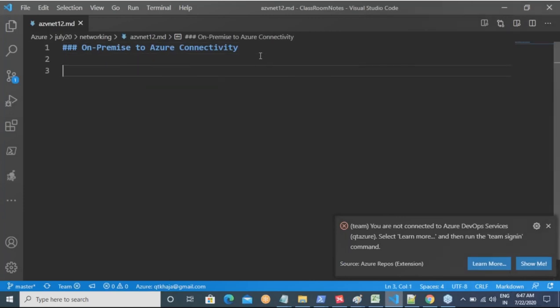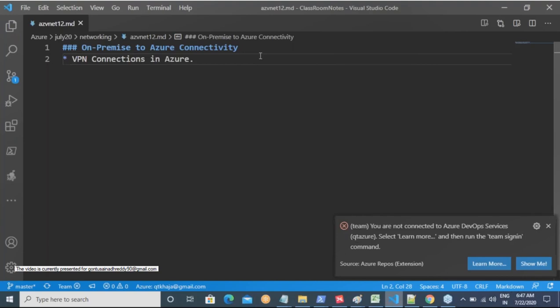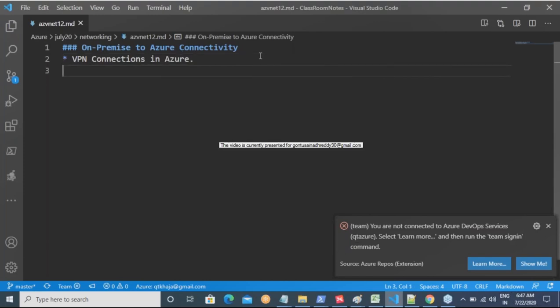VPN connections in Azure. Okay. The first thing which you want to understand is whenever you want to create any kind of VPN connection, there is something special that you need to do in your Azure virtual network.